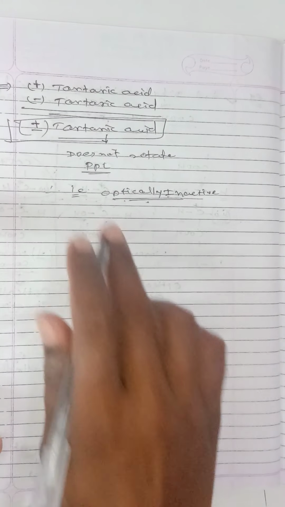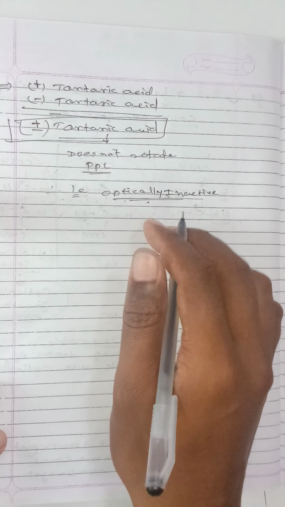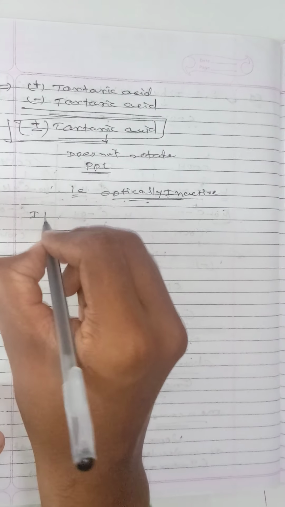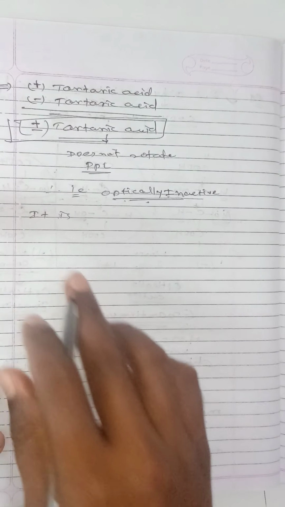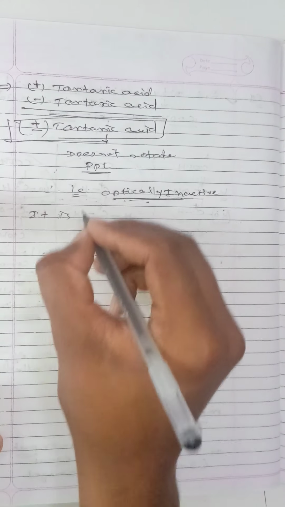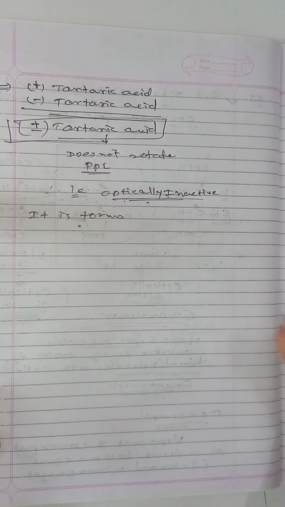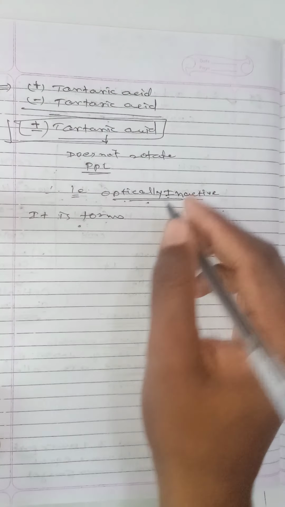It is also a meso compound that is optically inactive, and it forms an equimolar mixture. Equimolar means equal amounts of two isomers.